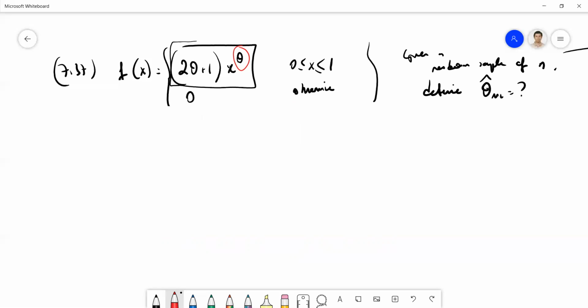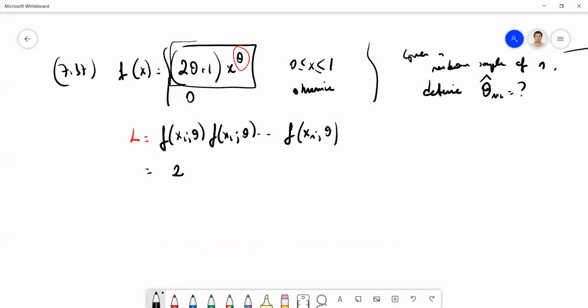Anyway, so we have different x values, let's say from 0 to 1, and we would like to determine this theta value. So for this case, the maximum likelihood estimator is going to be equal to all these values: probability of x1 given theta, x2 given theta, up to xn given theta. And here they are going to be equal to 2 theta plus 1 times x1 to the power theta, times 2 theta plus 1 times x2 to the power theta, and it goes like this up to 2 theta plus 1 times xn to the power theta.